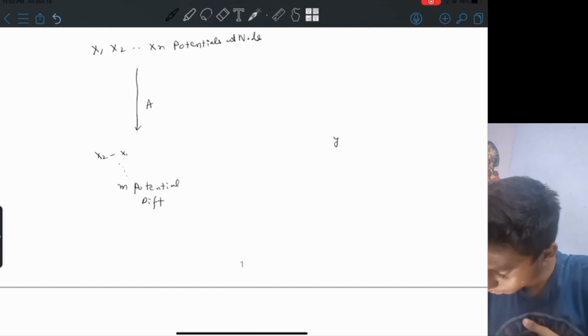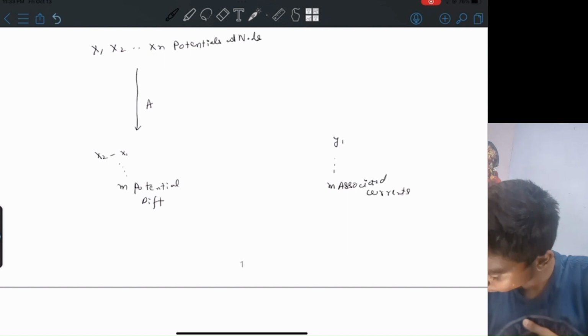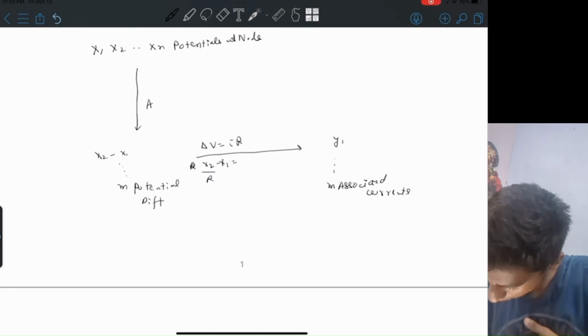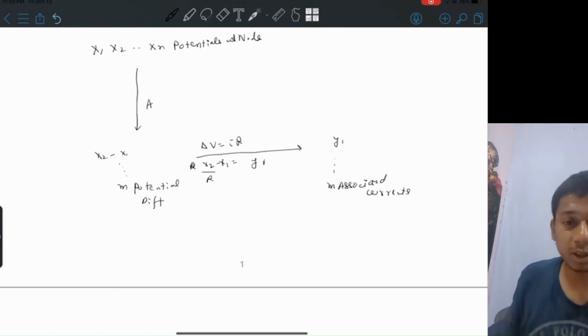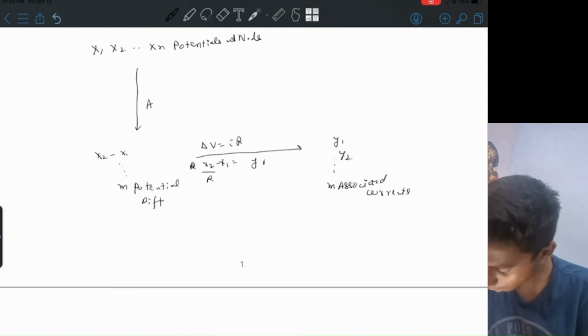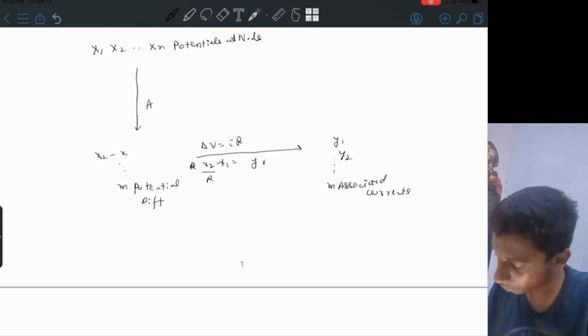Now along all these potential differences there are m associated currents, which are linked by the formula delta V equals IR, or x2 minus x1 over R equals y1, for example, only considering the first one. And similarly y1, y2 and so on, I have a total of m different associated currents.